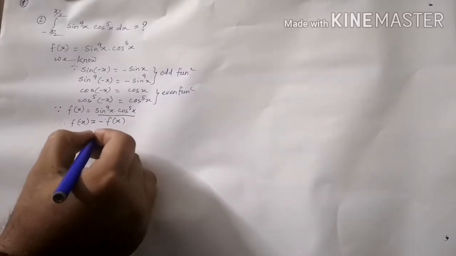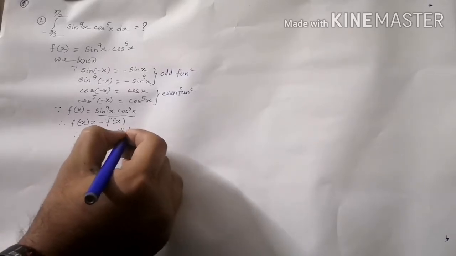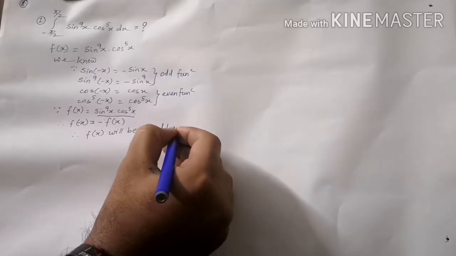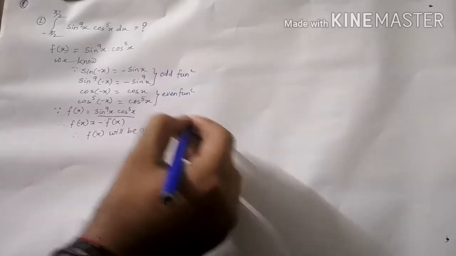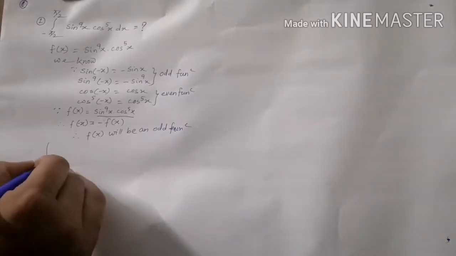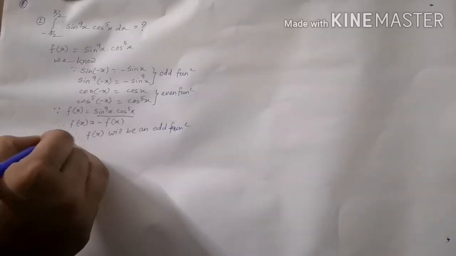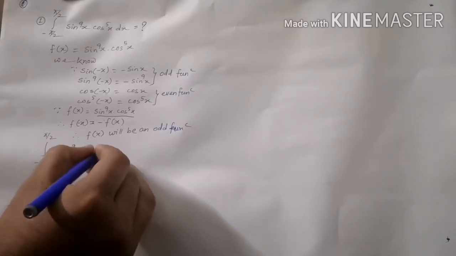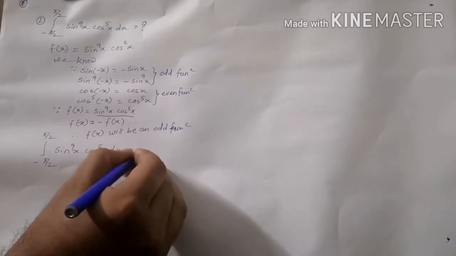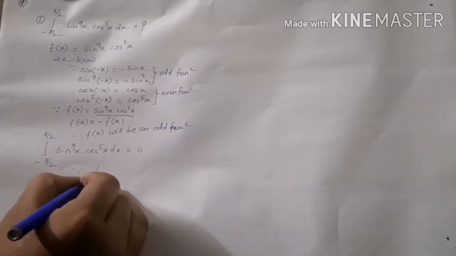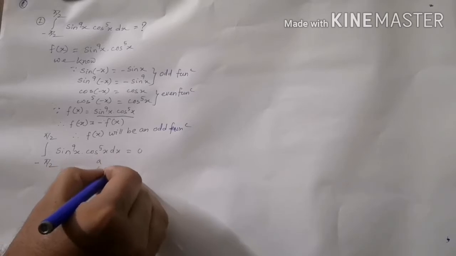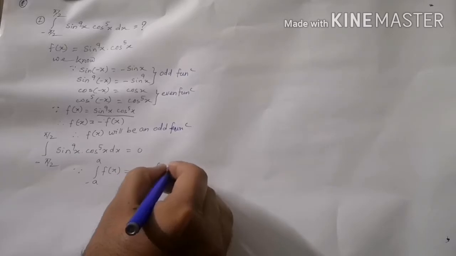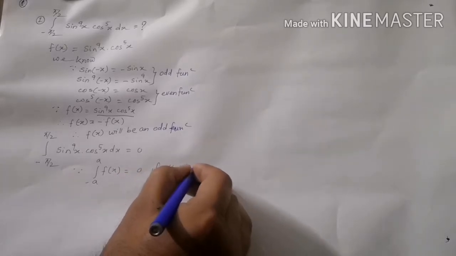So here f(x) will be an odd function. That's why the integration minus pi by 2 to pi by 2 sin to the power 9x into cos to the power 5x dx equal to 0. We know integration minus a to a f(x) dx equal to 0 if f(x) is an odd function.